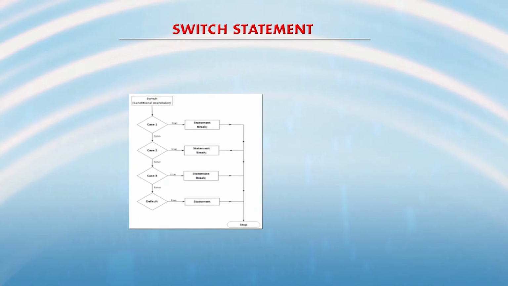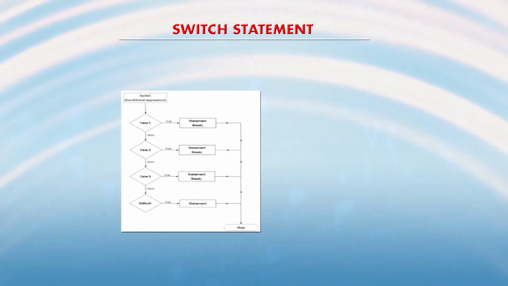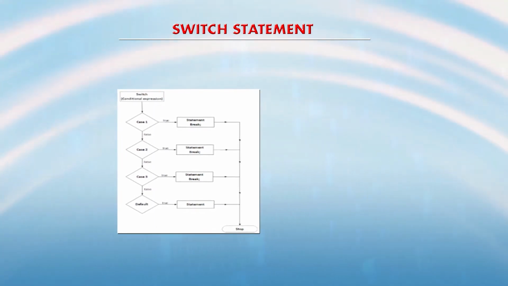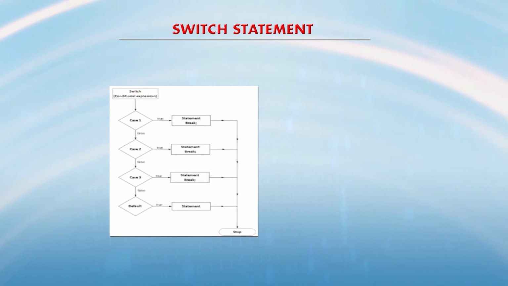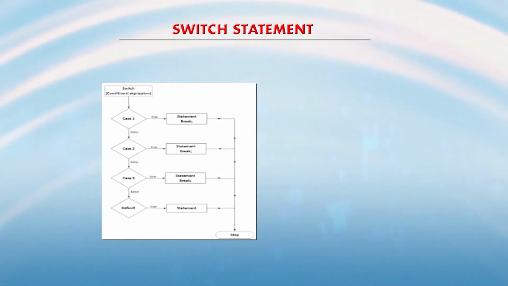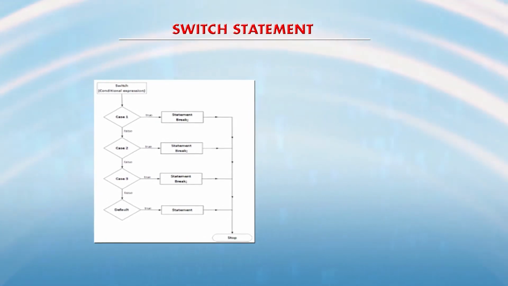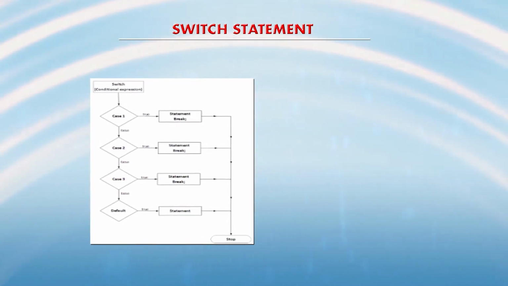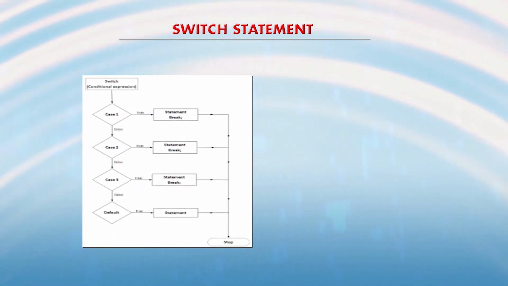Now the switch statement. Many a times there are multiple cases, and for all those multiple cases you need to take a decision. Likewise, to design a menu card, under the category, say, North Indian dishes or South Indian dishes or continental dishes, you are having a variety of dishes.